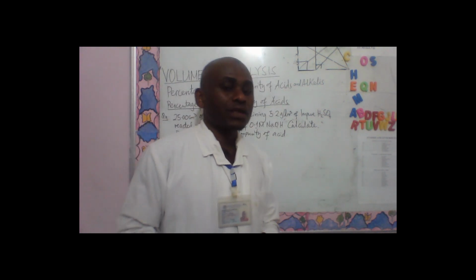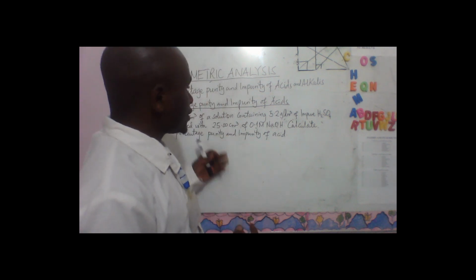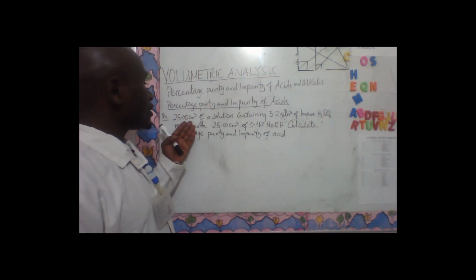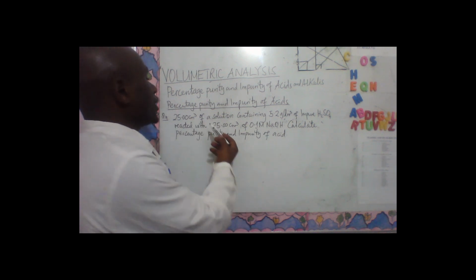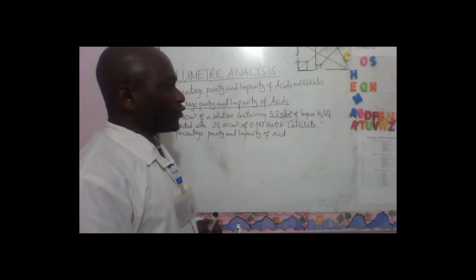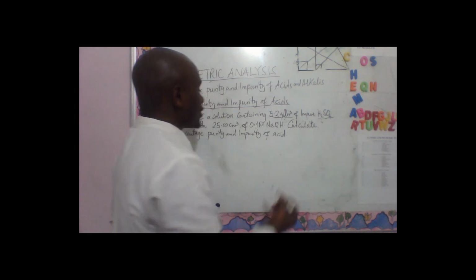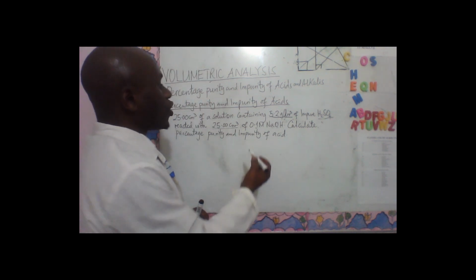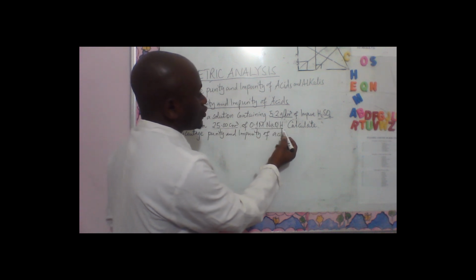Let us start with the question posed here, which tells us that we have 25 centimeter cube of solution which contains 5.2 gram per decimeter cube of impure sulfuric acid reacted with 25 centimeter cube of 0.1 sodium hydroxide.